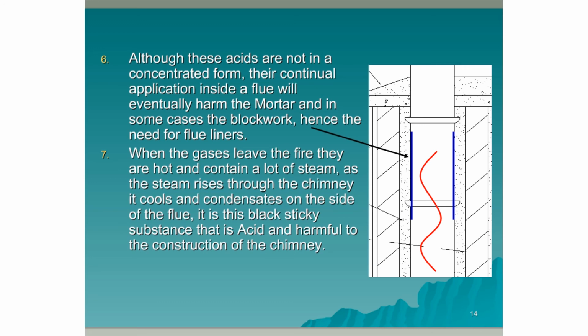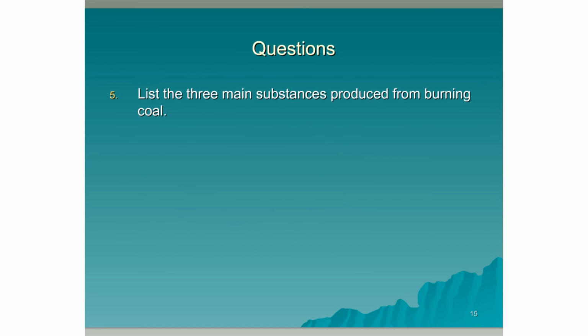As the steam rises through the chimney, it cools. It condenses on the sides of the flue, and it is this black sticky substance that is acid and harmful to the construction of the chimney. Questions. List the 3 main substances produced from burning coal.